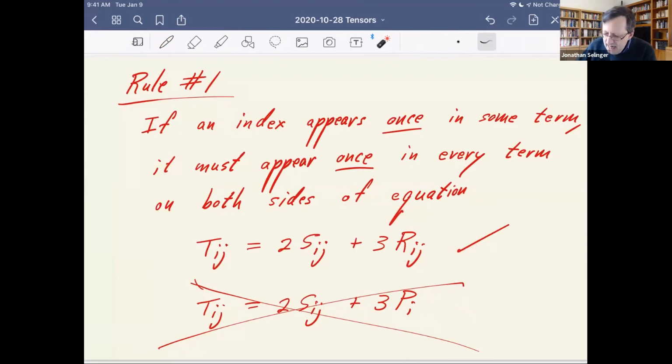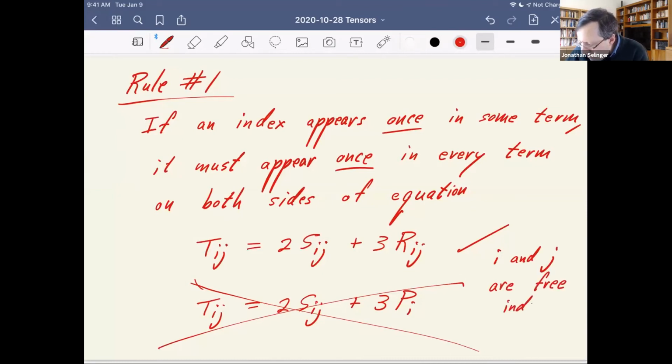Okay, and in equations like this, the word for this is that i and j are free indices. So indices is the plural of index, okay?